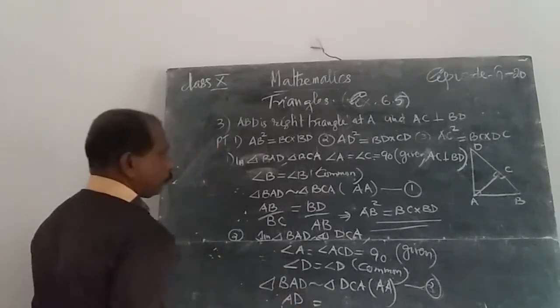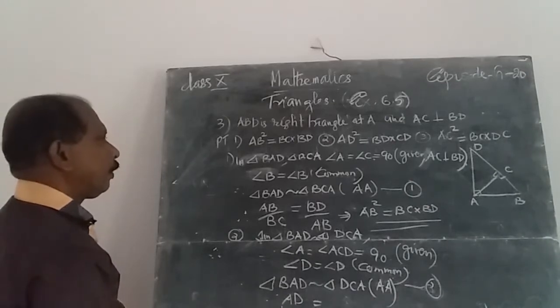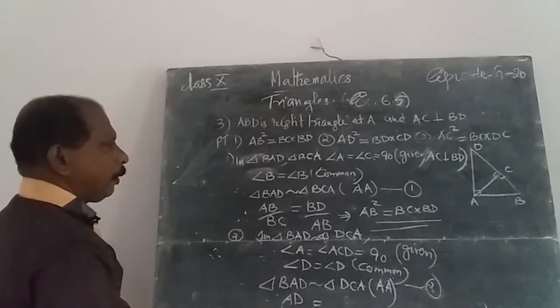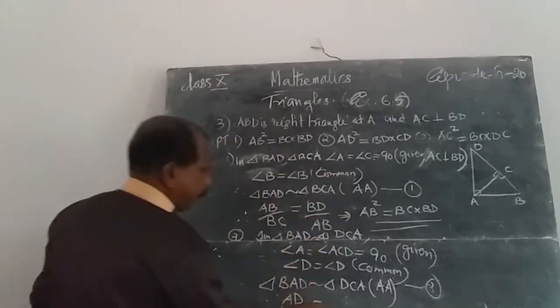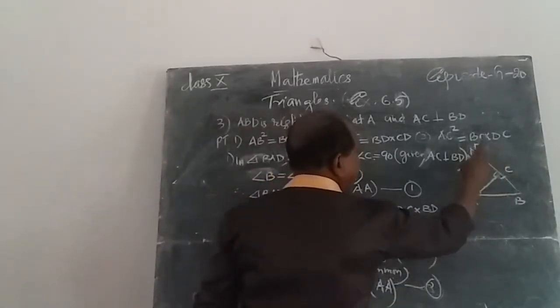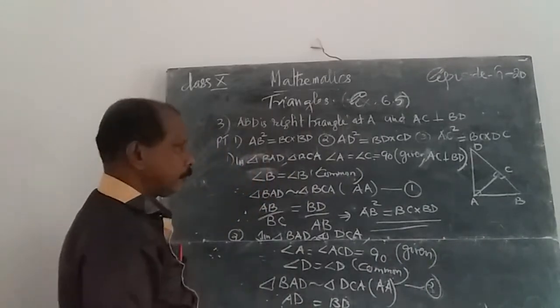The hypotenuse of the first triangle is BD, and the hypotenuse of the second triangle is AD. Clear?